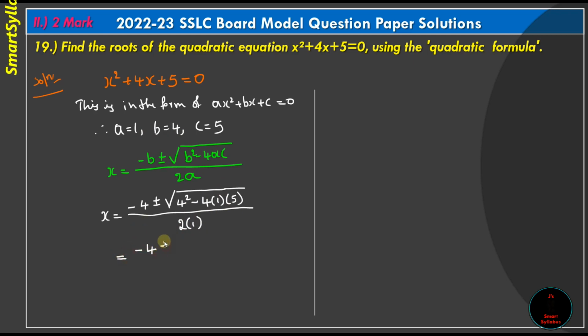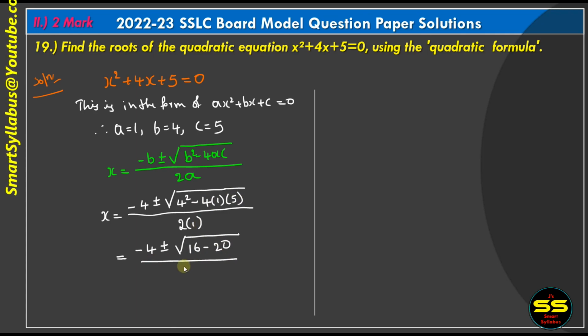So that's equal to, now carefully continue for the solution part. Minus 4 plus or minus square root of 4 square, so 4 square is 16, minus 4 fives are 20, divided by 2 into 1, it's 2.